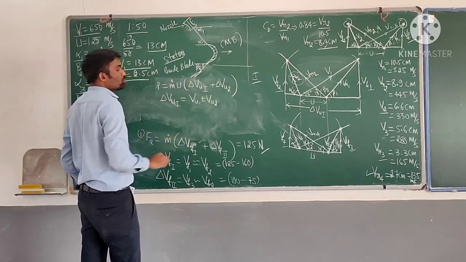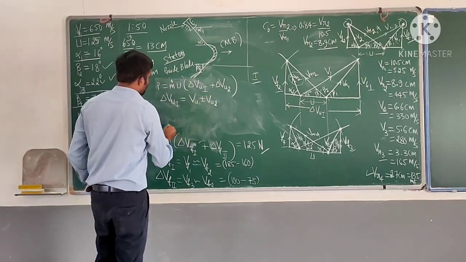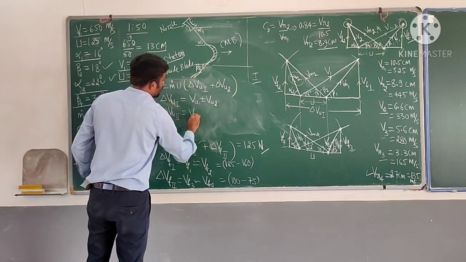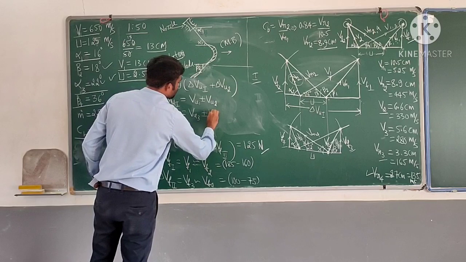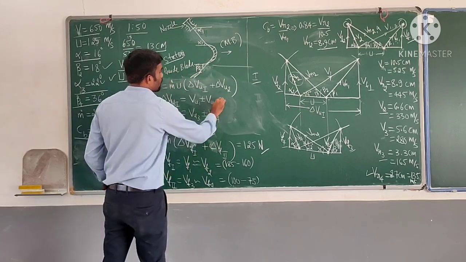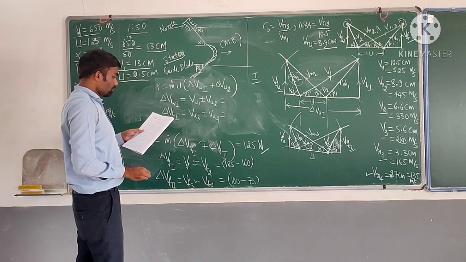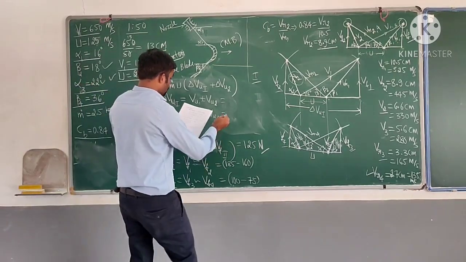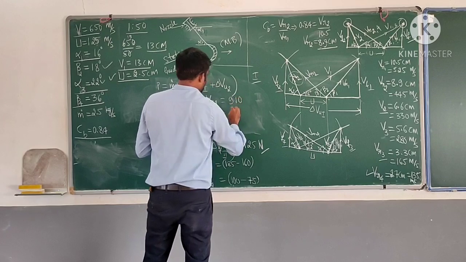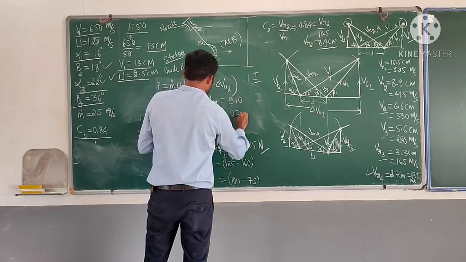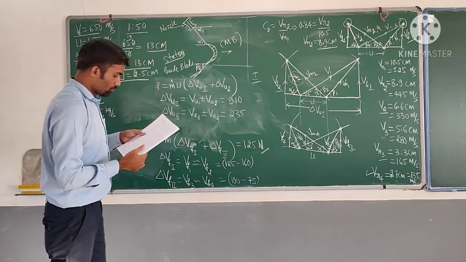In this problem, VU2 is also plus. Okay. Then delta VU for the second stage again is VU3 plus or minus VU4. In this problem, all the values are positive only. For this, the total length is around 910. Then this is 235 VU2.